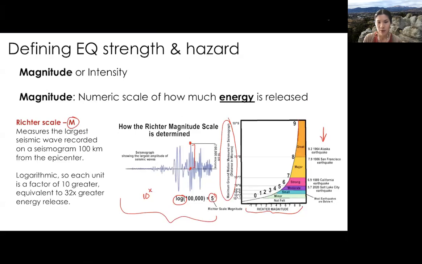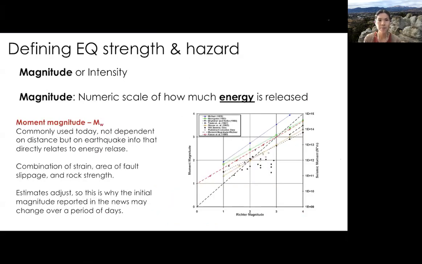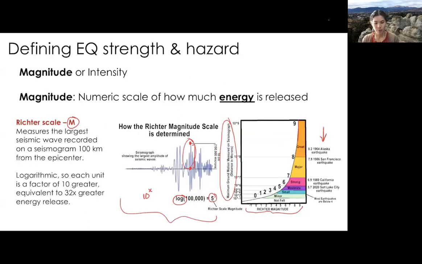Okay, so the Richter scale was used for a while, but it was so dependent on the distance from an earthquake, and the size of this point on the seismogram 100 kilometers away is also going to depend on what's in between the earthquake and that 100 kilometers.